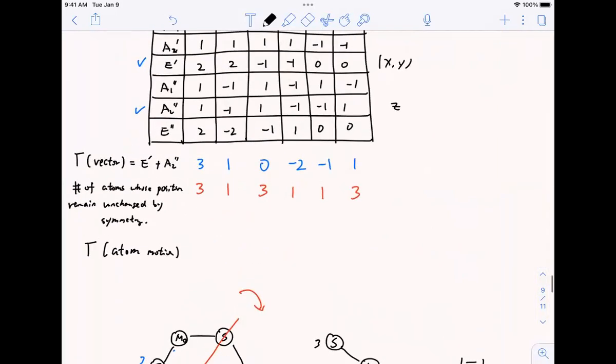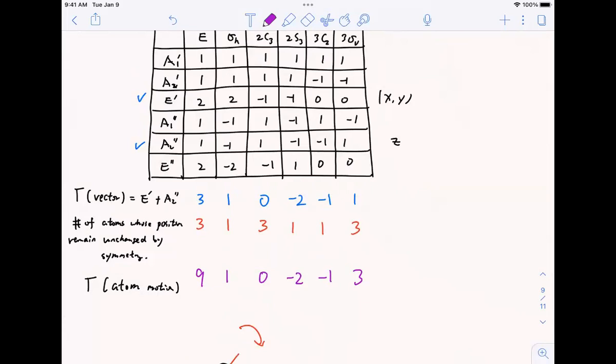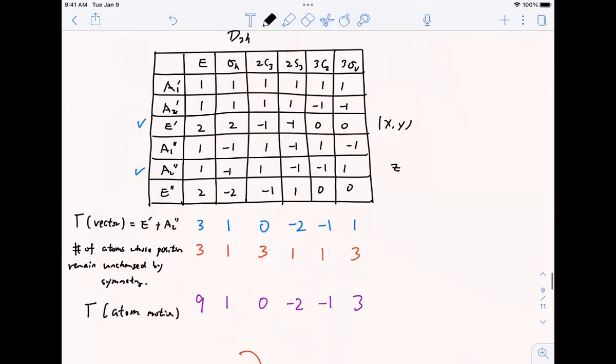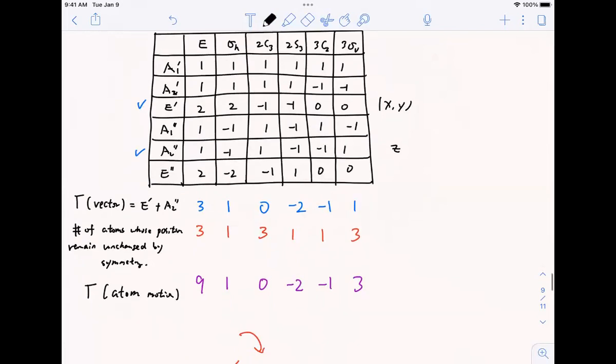Then this will be 9, and then this will be 1, 0, -2, -1, and 3. So that is the character. You get it? Now we're going to do it one by one to decompose it, and it's not difficult.